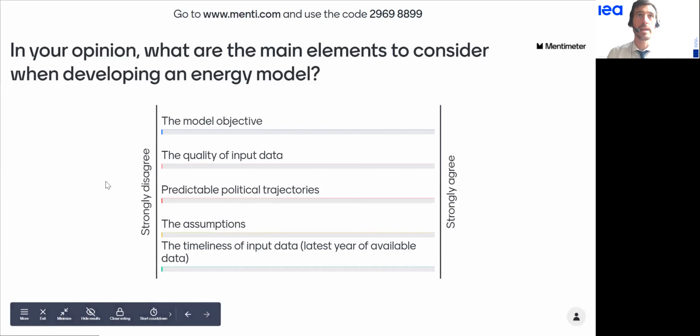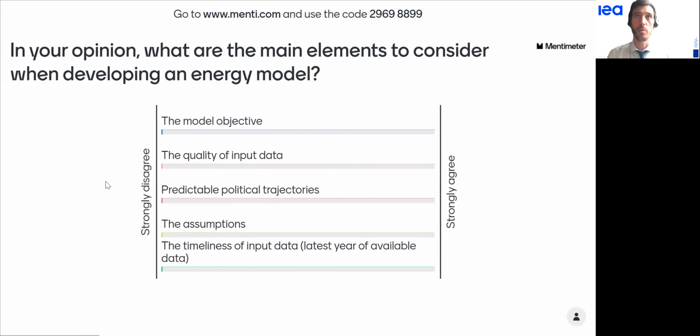Another one is, in your opinion, when we will discuss how to develop an energy model, how to develop those tools, what are the elements that we should consider in priority?